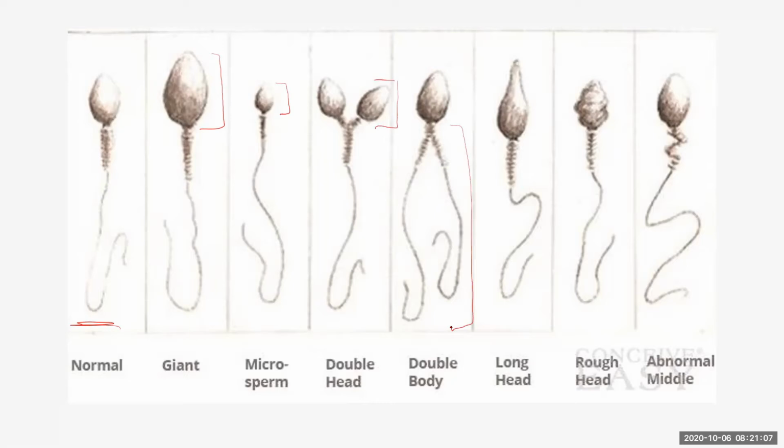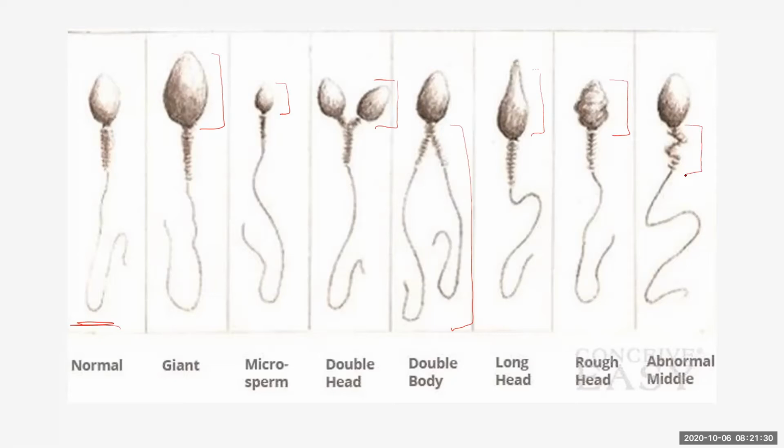Then there are some sperms with a long or elongated head. Then some are rough. Then there are also sperm cells that have a problem with their midpiece.